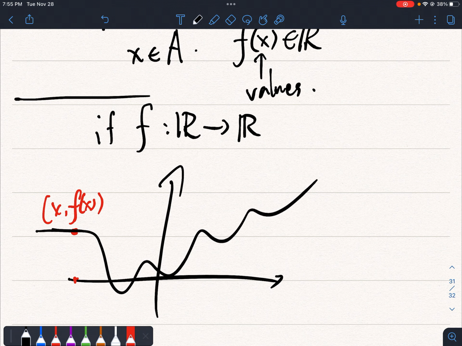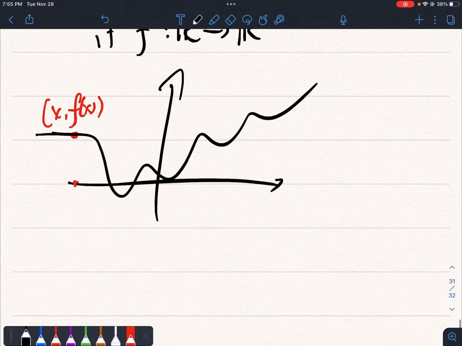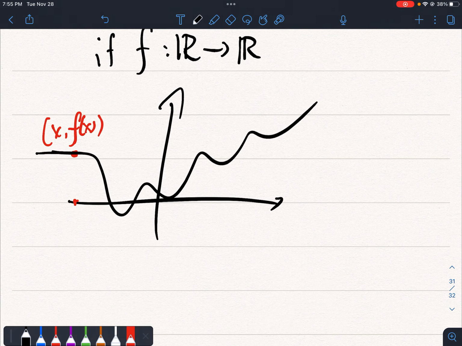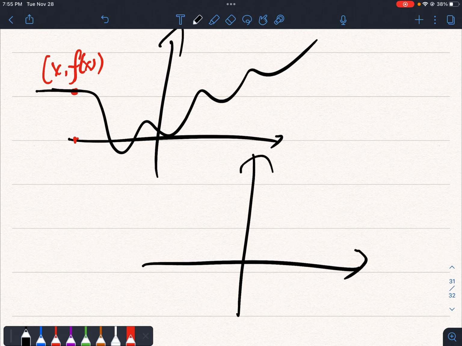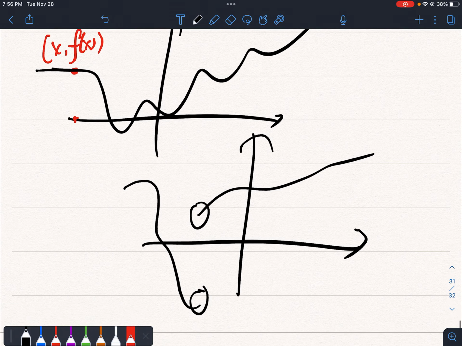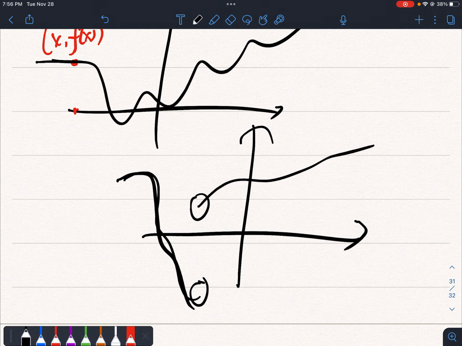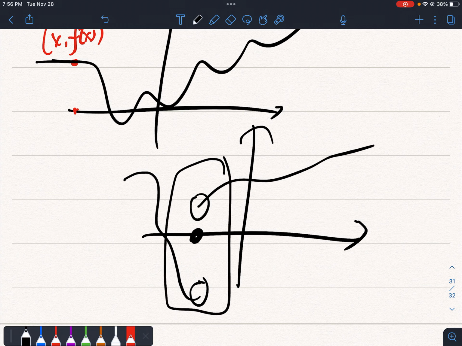For now, let's assume it is continuous, just as continuous as we want. But sometimes it doesn't need to be continuous at all. It actually doesn't need to be continuous at any point. But for example, let's take this example. All the way to this point, it is like in this graph, and then at this point, it is equal to 0, and then from this point to the right, it becomes this graph.